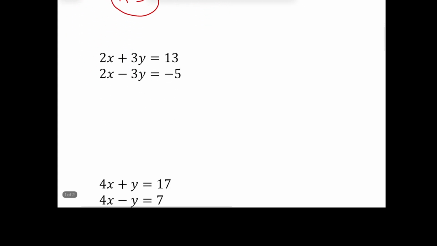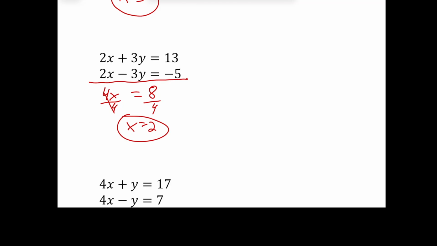I'm going to go down. Which one's going to eliminate here? If you take a look at it, the ones with the opposite signs are going to be the y's. So 2x plus 2x is 4x. They go away, equals, and I just do the numbers, which is a positive 8. Divide each side by 4, x will equal 2. Now I can plug 2 into either one.